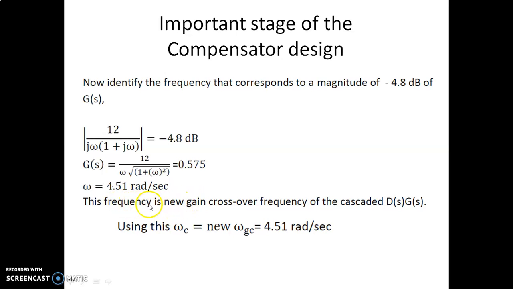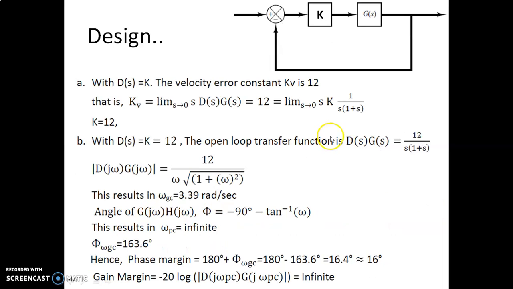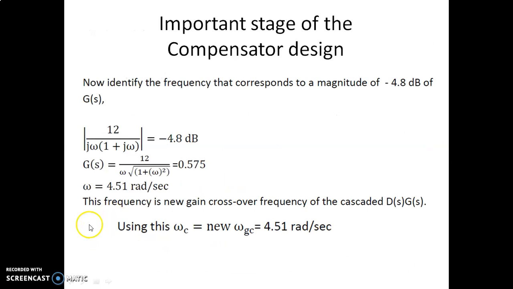This is the new gain crossover frequency, because you might have seen in the previous slide that without this D(s), that is without the poles and zeros, we had omega gc as 3.39. When you have these poles and zeros here, this shifts to 4.51. This is the new gain crossover frequency of cascaded D(s) into G(s).